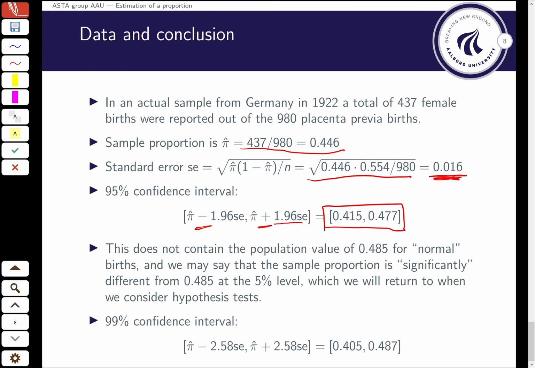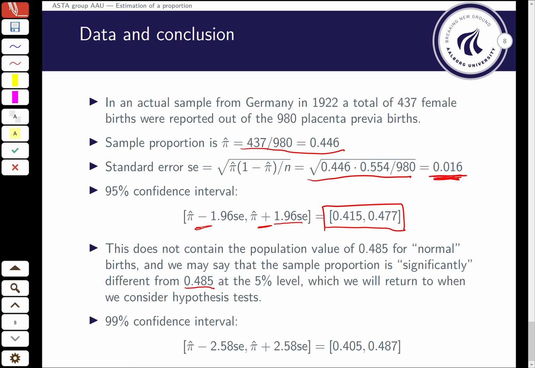So at a later stage, we will say that such a result is significant, that we have a significantly different sample proportion than this predetermined value that we were maybe expecting if there was no relation between the condition and the gender of the child. And we say that it's significant at the 5% level because we've made a 95% confidence interval.